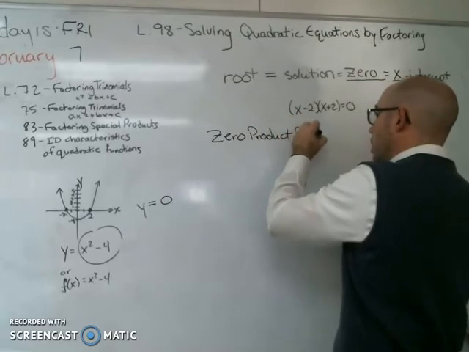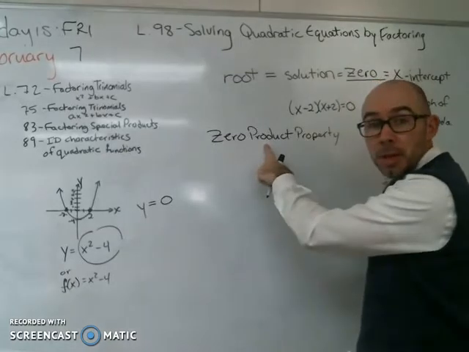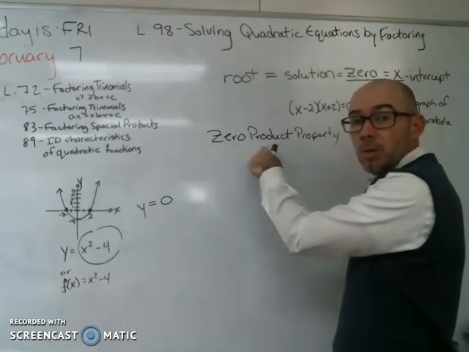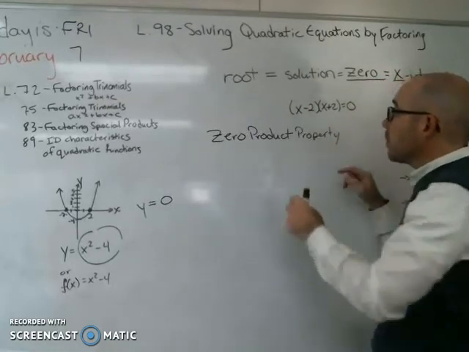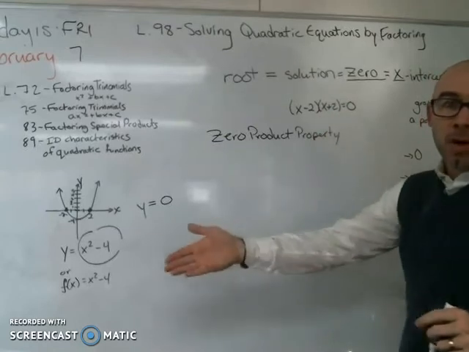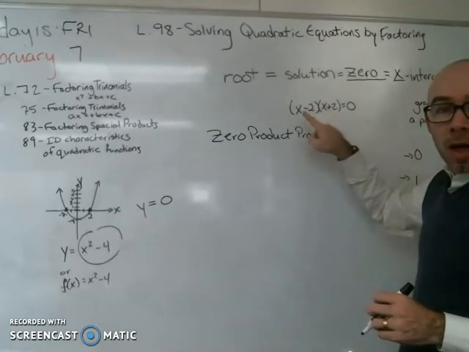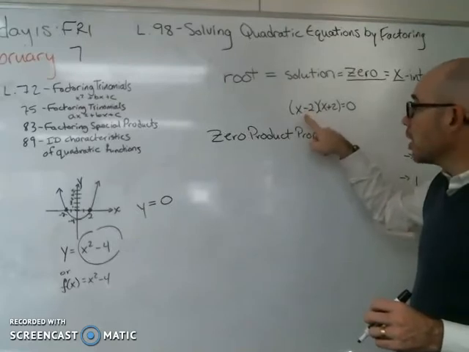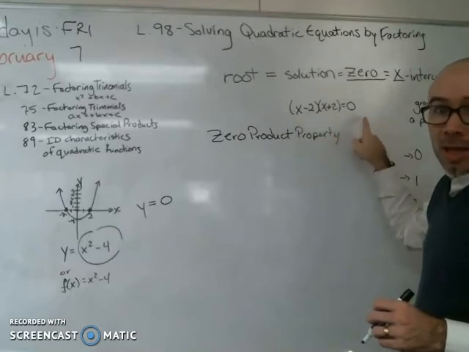Zero product property says that when you multiply two things together, what will make the answer equal 0? In this particular problem, you see that these two things are now factors rather than terms like this over here. So if I plug in a number into here that makes this part of it 0, 0 times anything equals 0.